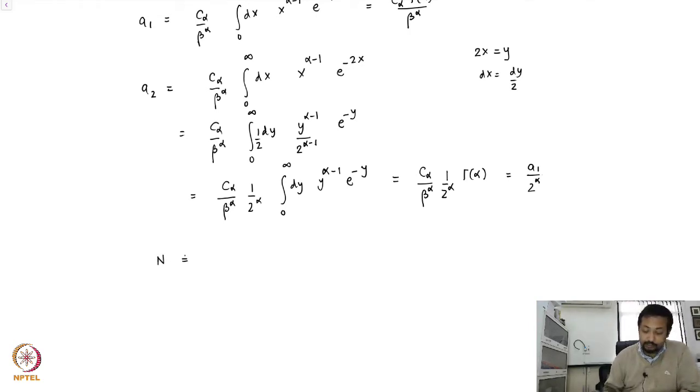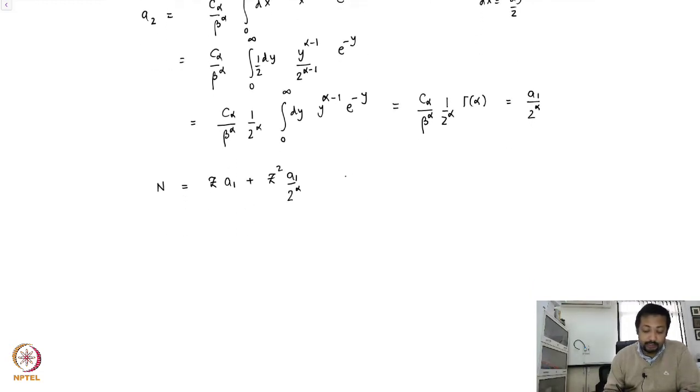So that n is going to be z times a1 plus z square times a1 over 2 to the power alpha. And this implies I can write z times a1 is equal to n minus z square times a1 divided by 2 to the power alpha, so that z is going to be n over a1 minus z square over 2 to the power alpha, plus of course there are higher order terms.